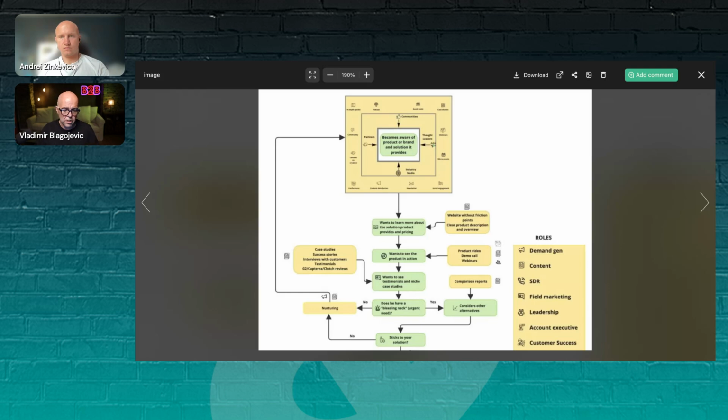Or maybe there are some red flags or things that we need to pay attention to. These are the things that you can figure out by studying, on the one hand, won deals to identify when an account is a good fit, and lost deals, for example, looking at the largest lost deals to understand what the potential red flags are, and use that as criteria to select, qualify, and prioritize your accounts.